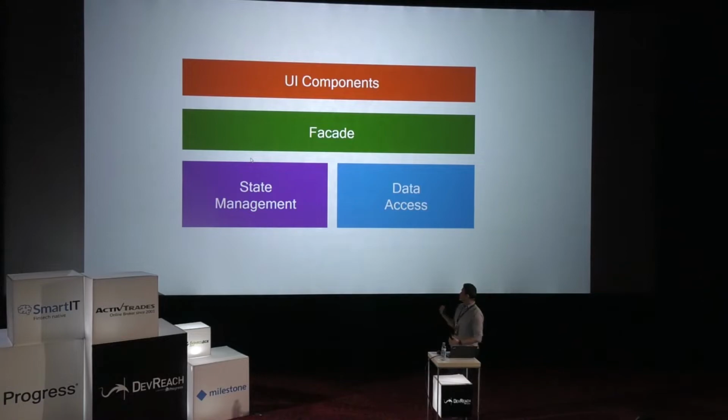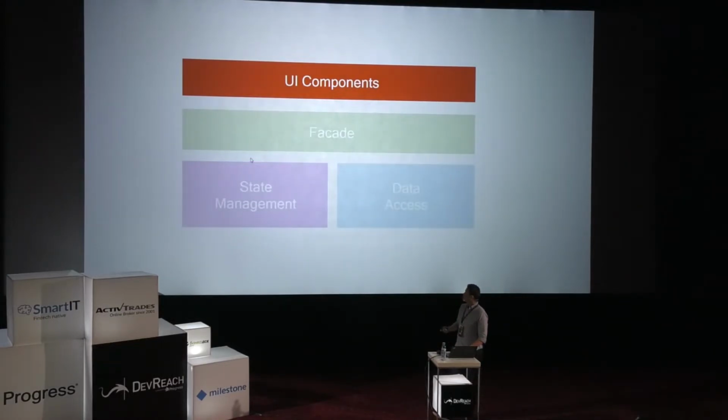And at the bottom, we have 2 modules. The first one is the state management module. These are our classes and functions that manage the state of our UI. And the second is our data access, a module which handles communication with remote services and different protocols. Here we also deal with different payloads because we can have multiple endpoints from multiple sources consuming different data formats. So this is the place where we have to unify these things.